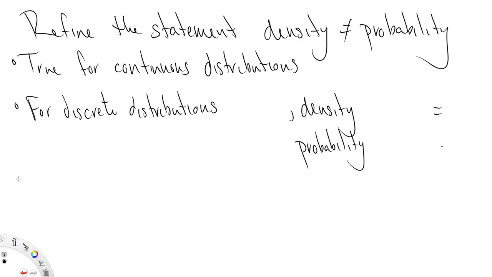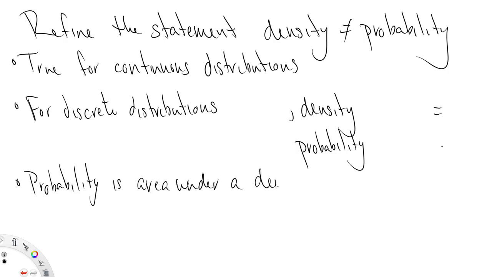Okay. So we're going to leave some spaces in here because there's some nuance. So we'll remind you that in general, probability is area under a density function, and that remains true. But there's some nuance to the case for discrete distributions.